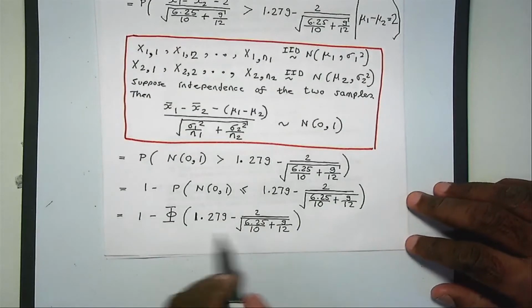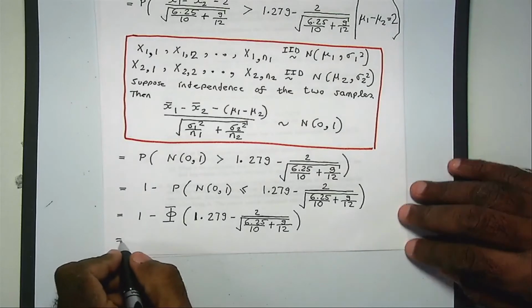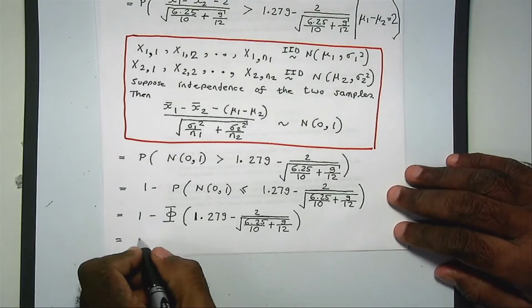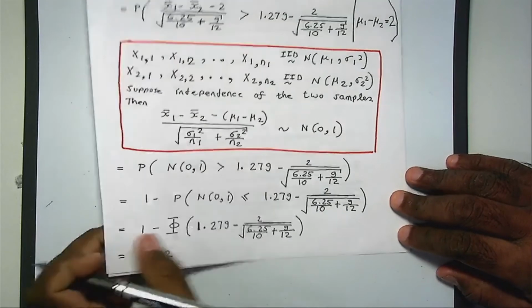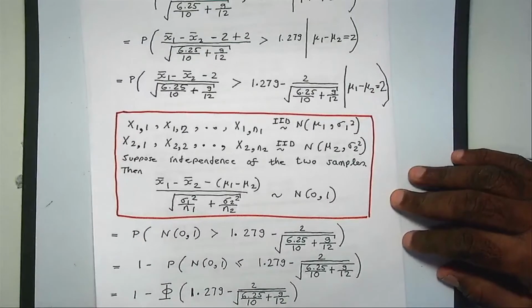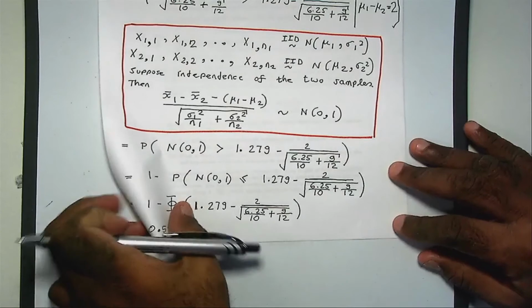If you read this off the table or read it using the R software, you will get this to be equal to 0.52. Okay, so this is the probability of rejecting a null hypothesis when the difference in the population means is equal to 2. All right, so that completes question 1.